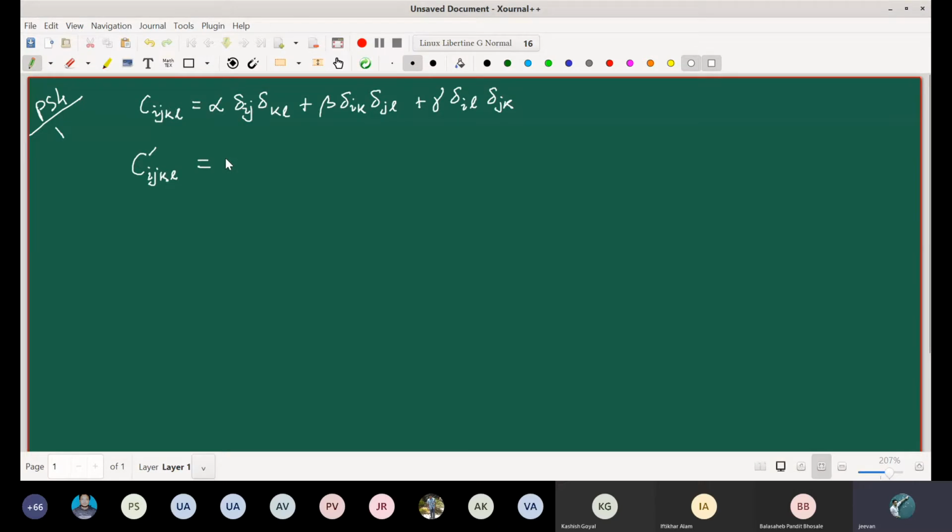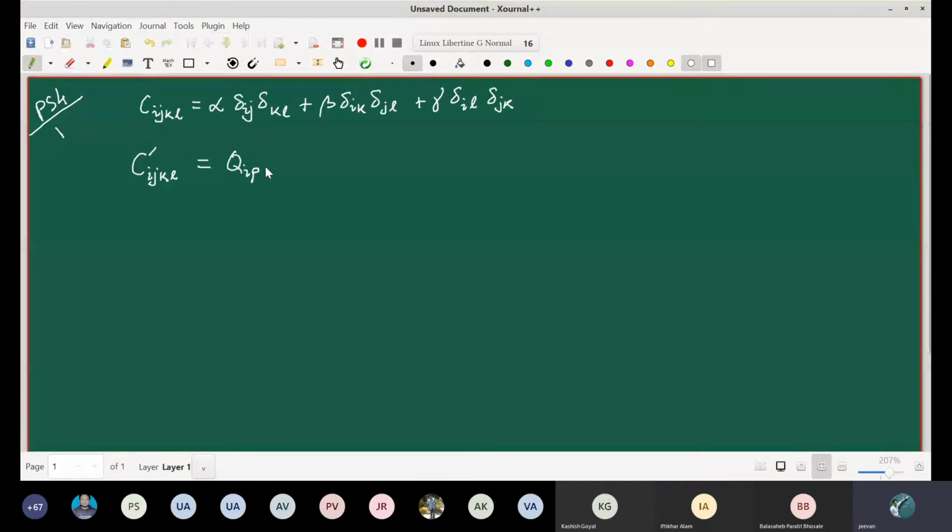We know that the transformation from this general coordinate system to the non-primed coordinate system will be through rotation tensors. Let us say that in the non-primed coordinate system the indices will be P, Q, R, S. So in the primed coordinate system we have C_ijkl, and in the non-primed coordinate system we have C_PQRS.